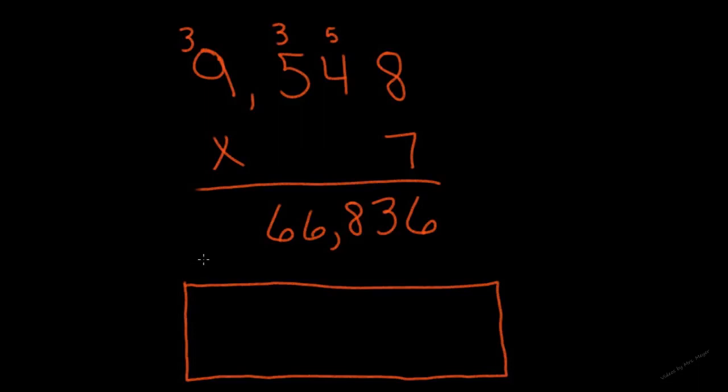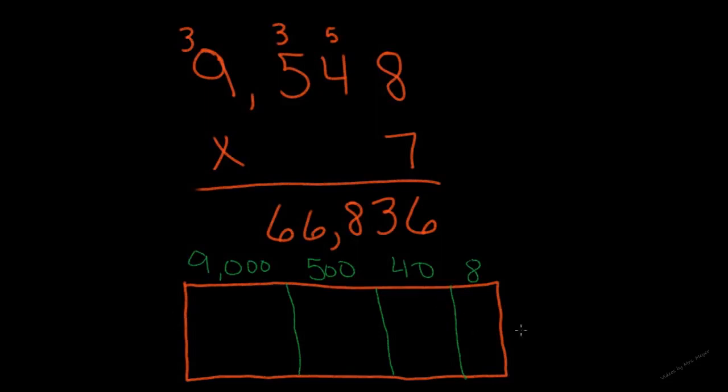First we'll split up the value. Let's take the value of the 9, which would be 9,000. And the value of the 5, which is 500. Value of the 4, which is 40. And the value of the 8, which is 8.